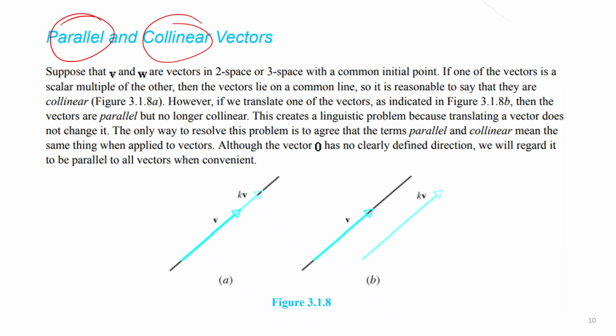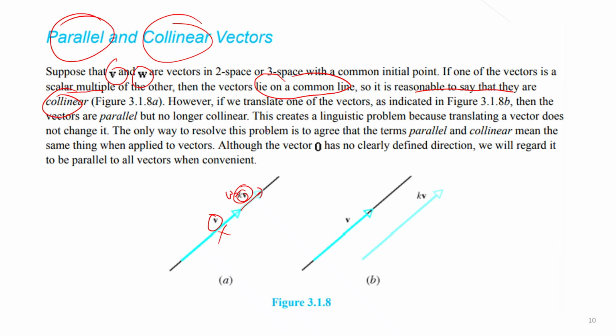So suppose you have v and w. If one vector is a scalar multiple of the other and they lie on a common line, it's reasonable to say that they are collinear. So you have this one, v, and then you have w equal to k multiplied by v. You don't change any direction, right? You just change the size of it. So all of the points lie on the same line as the previous vector.